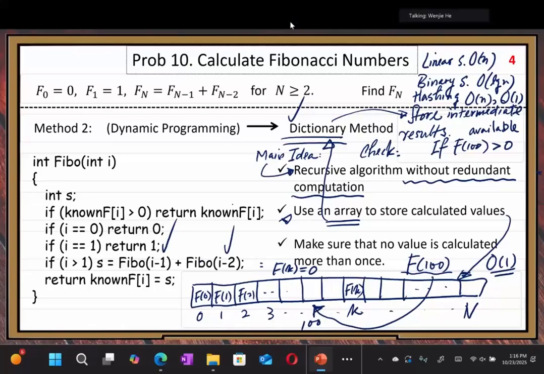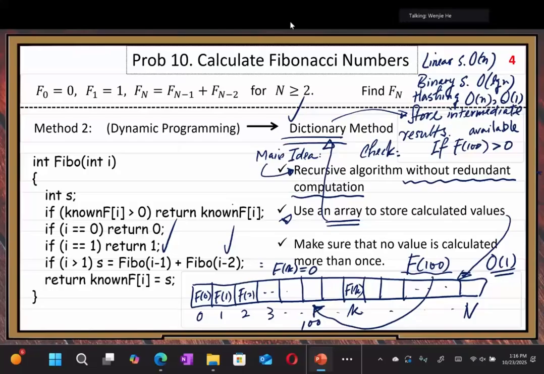Because when you need to get a value 5, this line always guarantees the value of this Fibonacci number is only calculated once. Don't worry, because that line guarantees no repeated calculation.